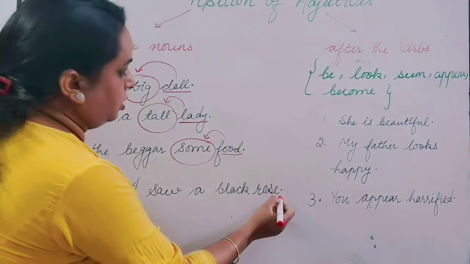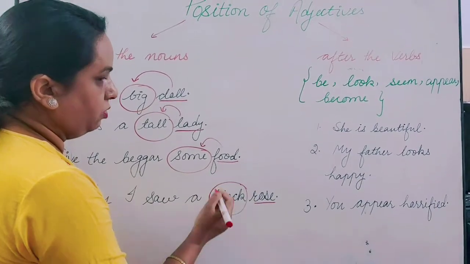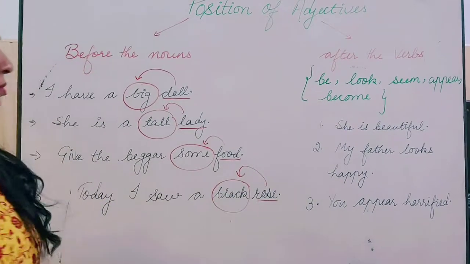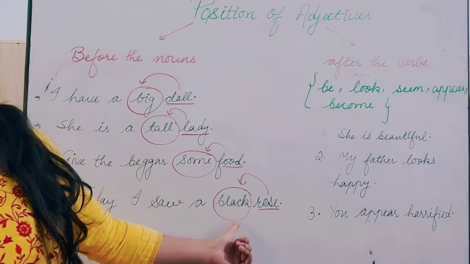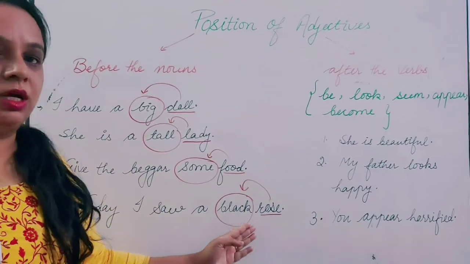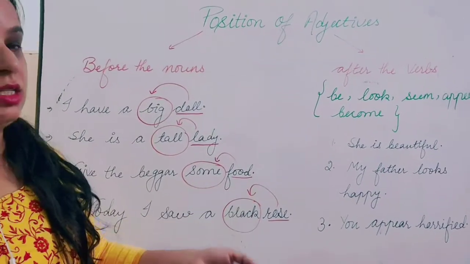So rose is the noun, and before the noun there is the word black, which is describing the noun rose. This is the quality of the rose, because this is showing the color. Clear? So this black becomes the adjective.